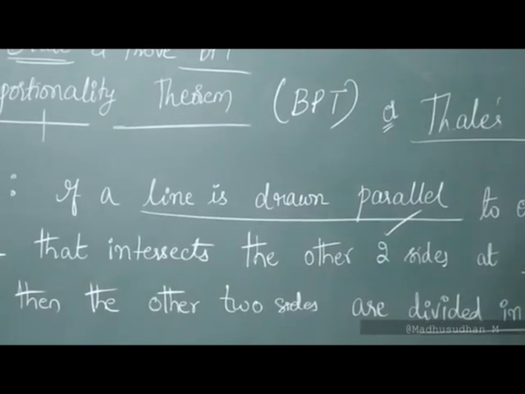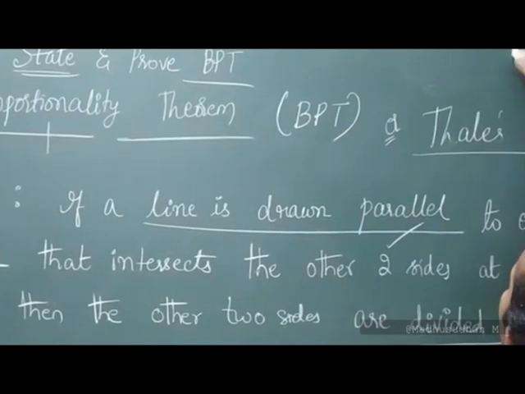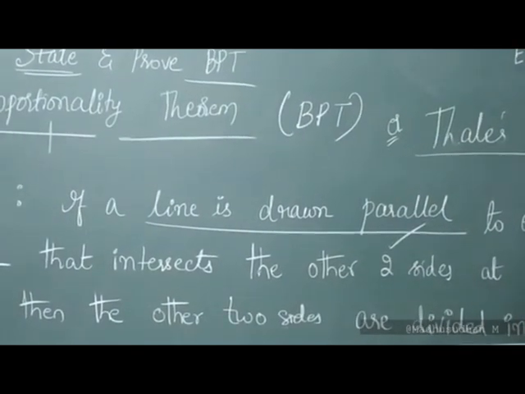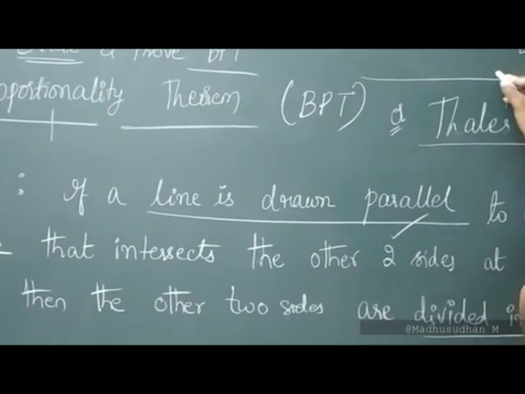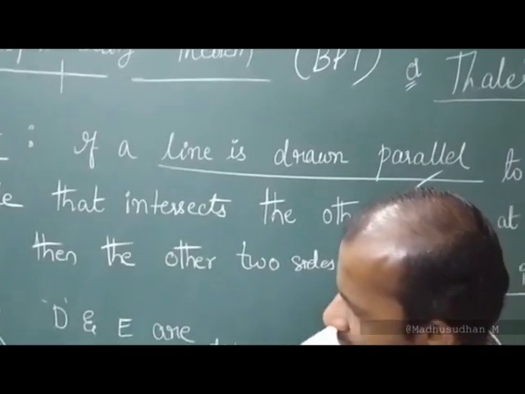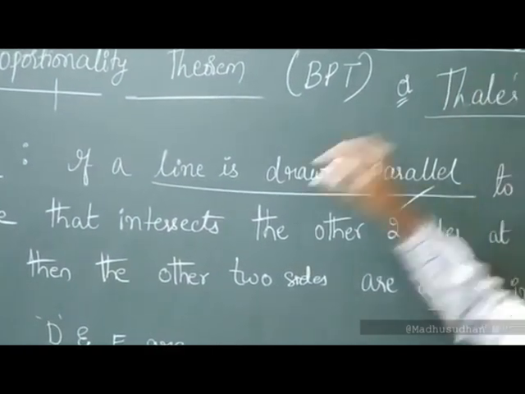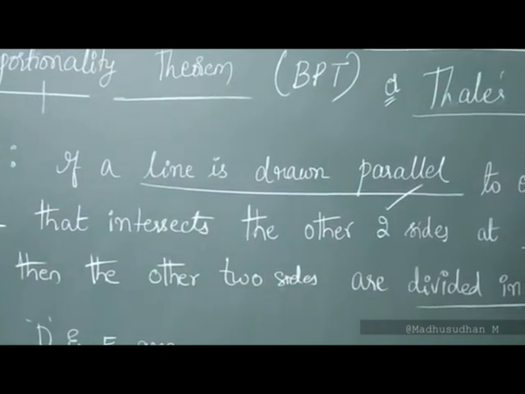Then EL is perpendicular to AD. So this is the construction part and join. So we join from C to D, right? So join CD and BE. So this is the construction part.